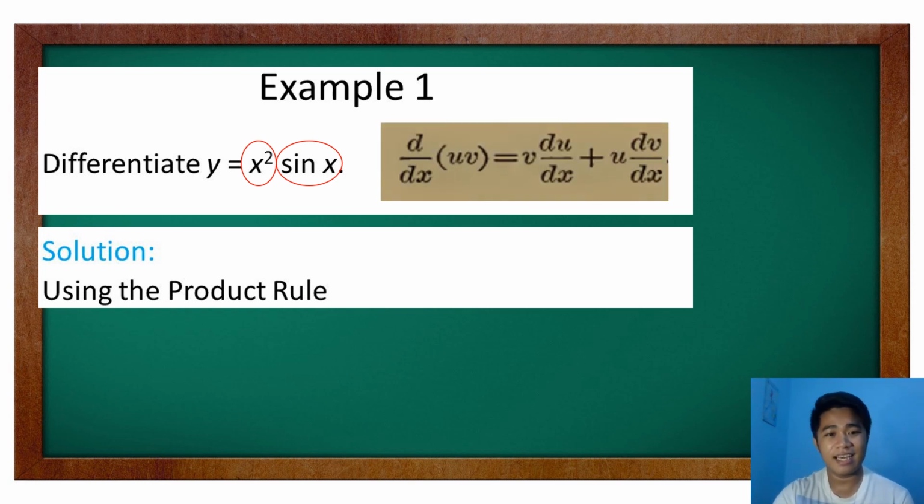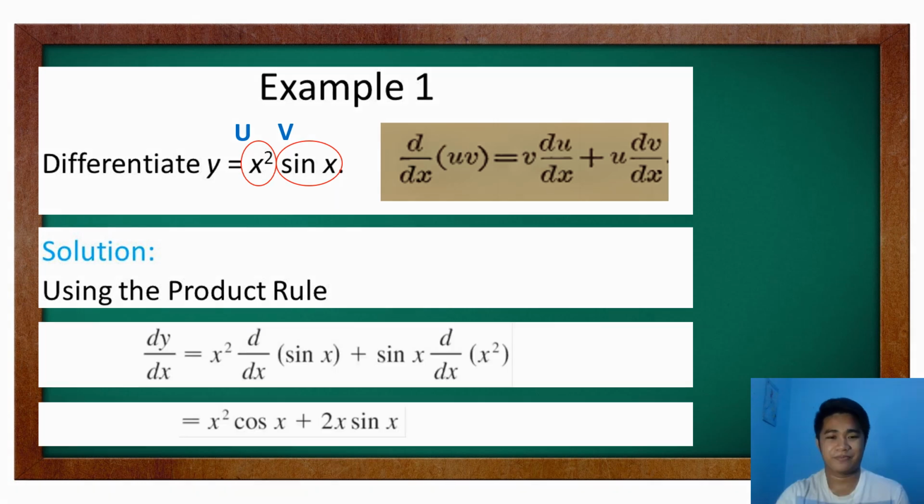Say that our u there is our x squared, and our v there is our sine x. Alright, so the product rule is just you have to take the u and multiply it by the differentiation of the v, plus you have to take the v multiplied by the differentiation of the u.